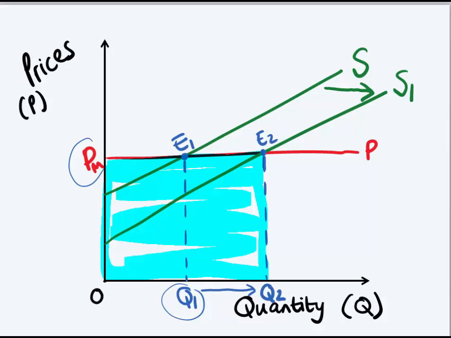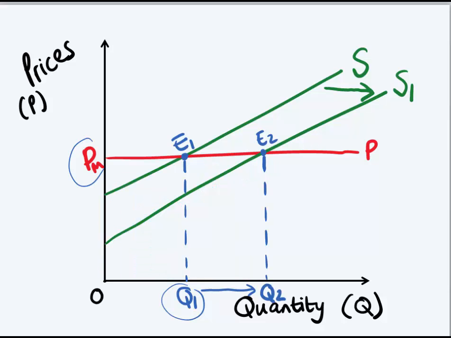Okay, let me just take this blue. Now initially when we were at E1, his total revenue income, like we said, was this block over here. But the only part that we can say was profit was the part above the supply curve. So this was his profit initially, right? Then the air quality improved.